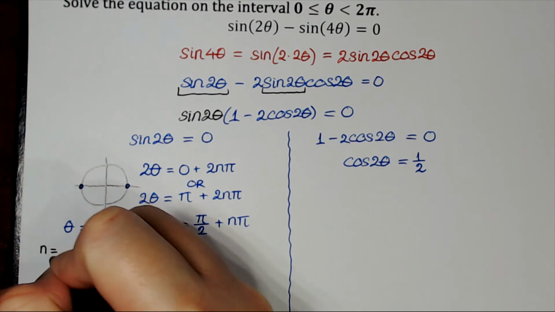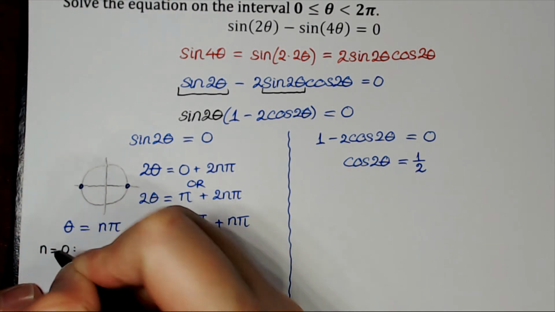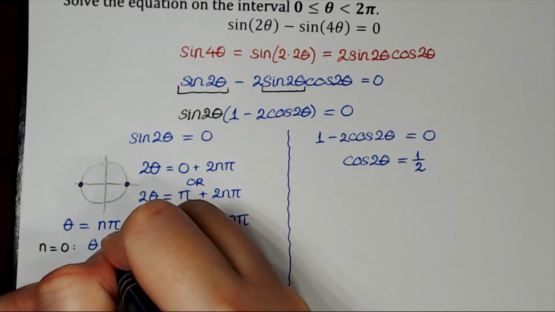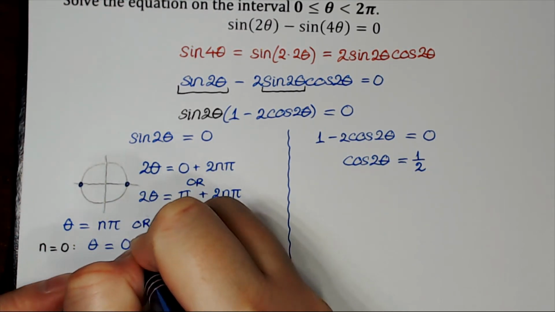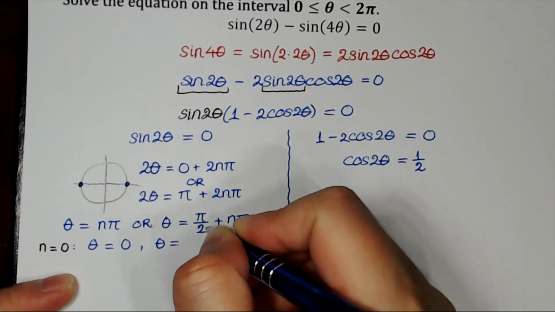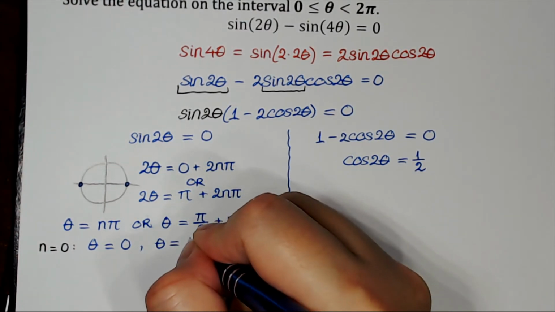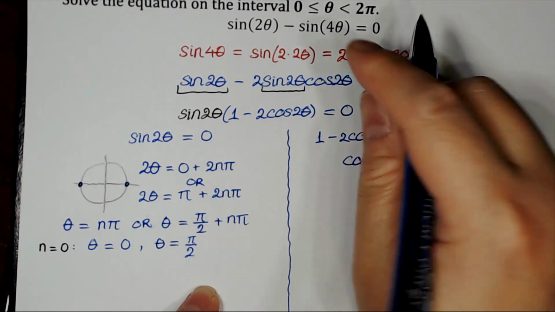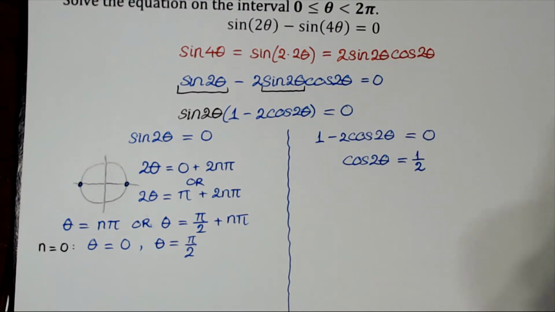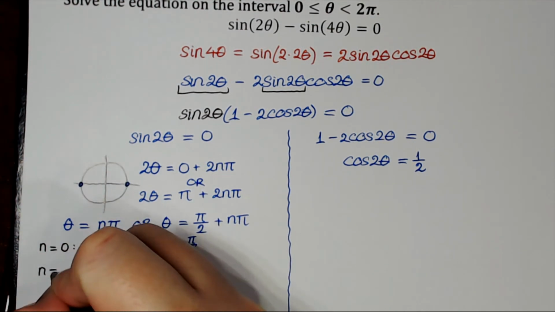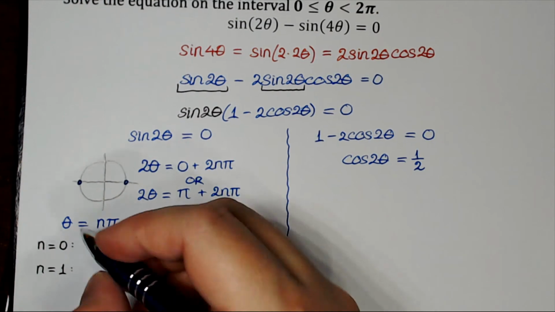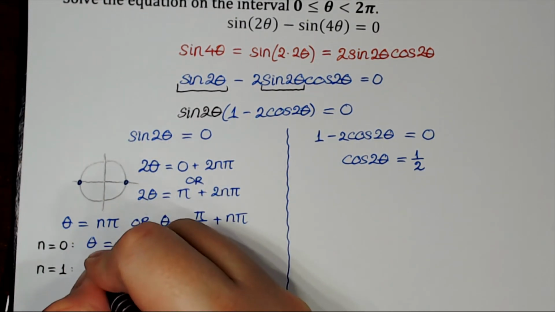Of course, that will substitute in sine of 4 theta. So we will have sine of 2 theta. We usually don't need the parentheses for that. Minus 2 sine 2 theta cosine 2 theta equal to 0.